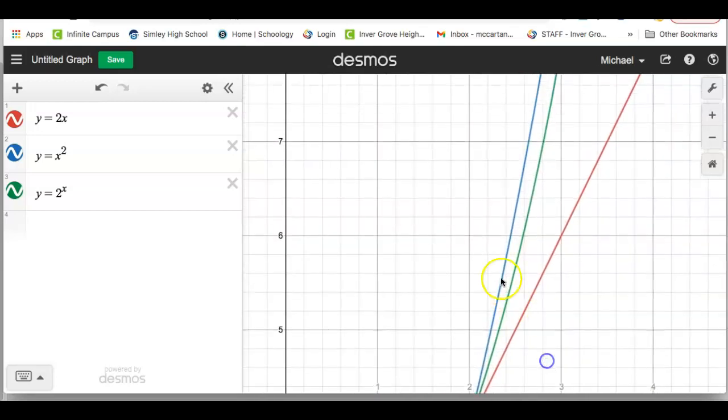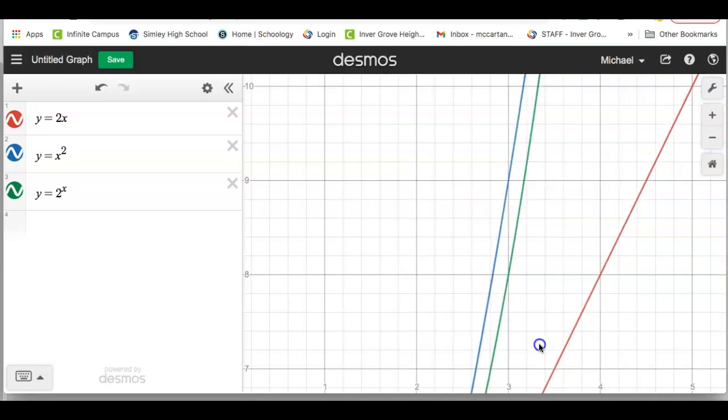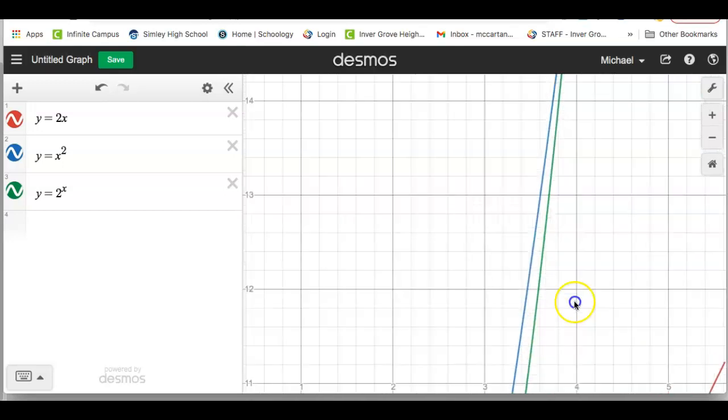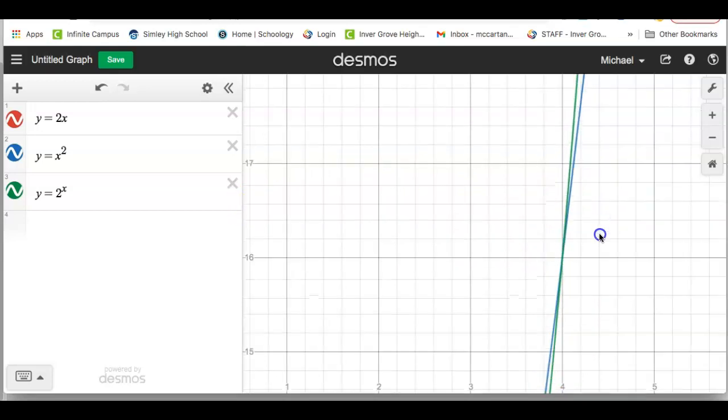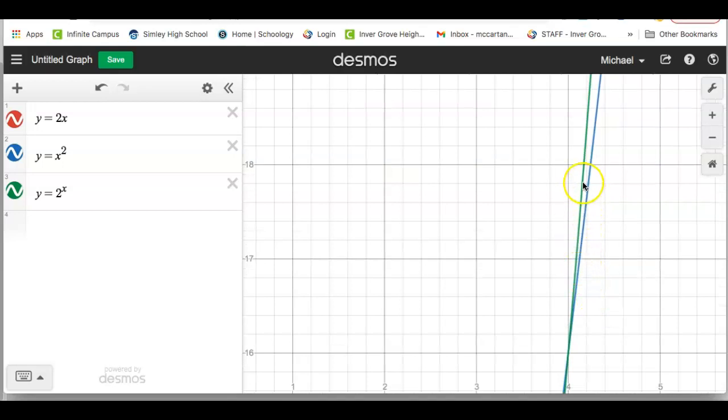And again, guys, I want you to see this blue and green. Keep following it up, right there, guys. That's 4, 16. That's another point where they meet and cross back over. This is where the green overtakes the blue, where the exponential overtakes the quadratic and the exponential starts to go up the fastest.